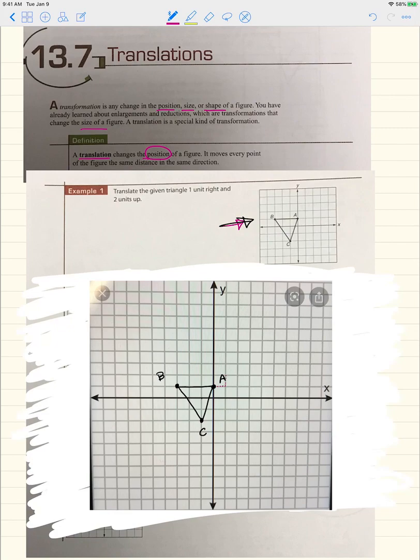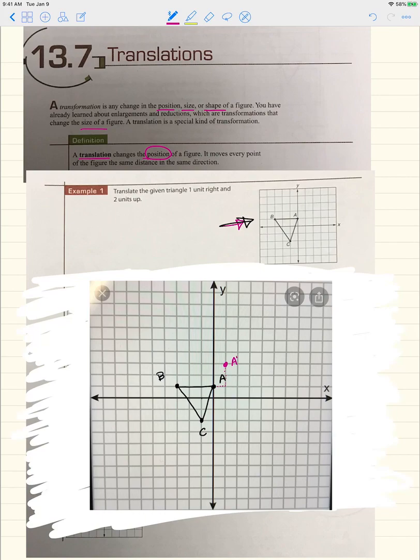Here would be 1 unit up, and here's 2 units up. So here's our new point A, and I'm going to name this A with this little apostrophe. We call that A prime, and the prime comes after the A because it is our translated image of the point. So we started with A, and our new A is A prime. That's the translated image, and we show that by putting that little apostrophe after point A.